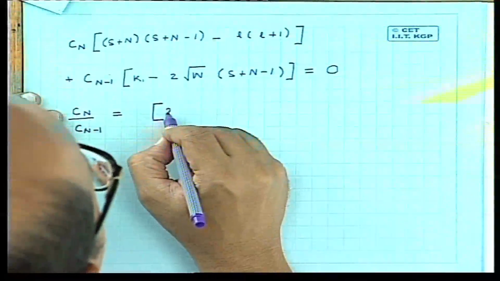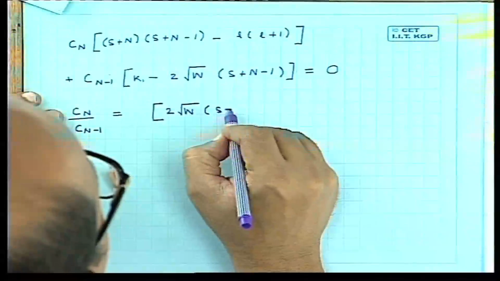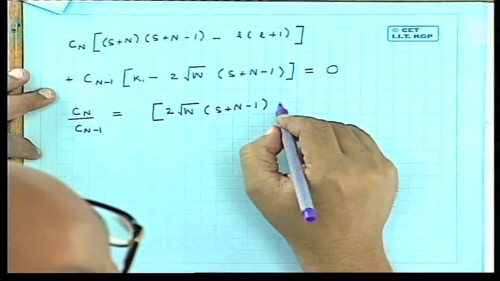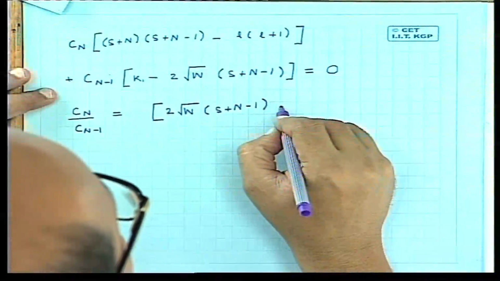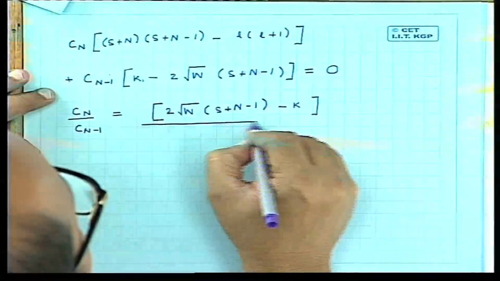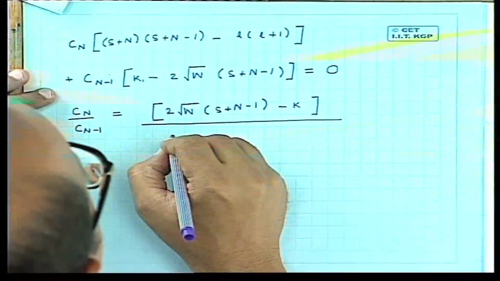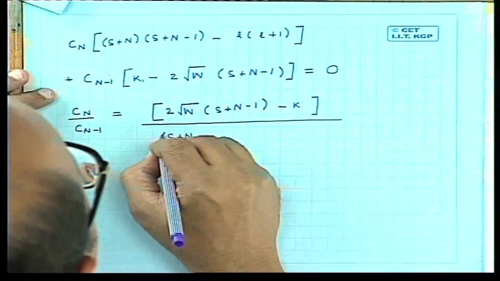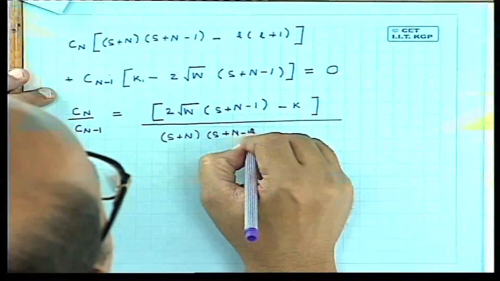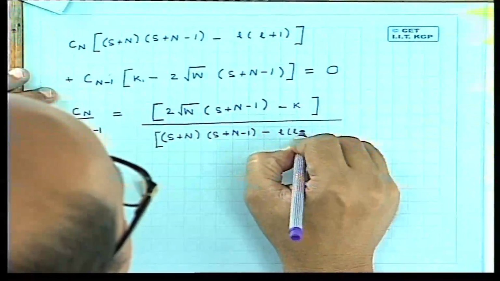So what that will give us is (2 square root of w (s plus n minus 1) minus k) divided by ((s plus n)(s plus n minus 1) minus L(L plus 1)).